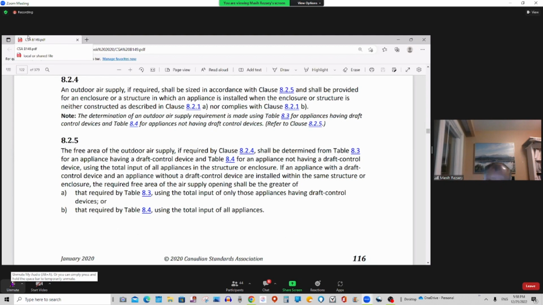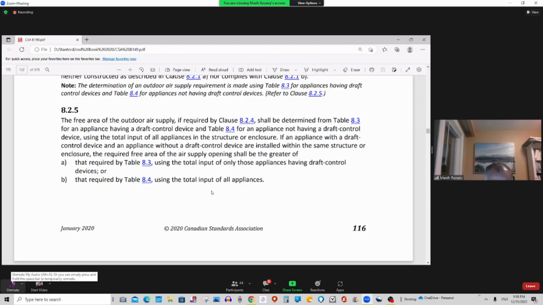First, we go to table 8.3. For those with draft control, you add them together and find the opening. Then you go to table 8.4 and total all of them, add together all the input and find the opening. Whichever is greater is the answer.